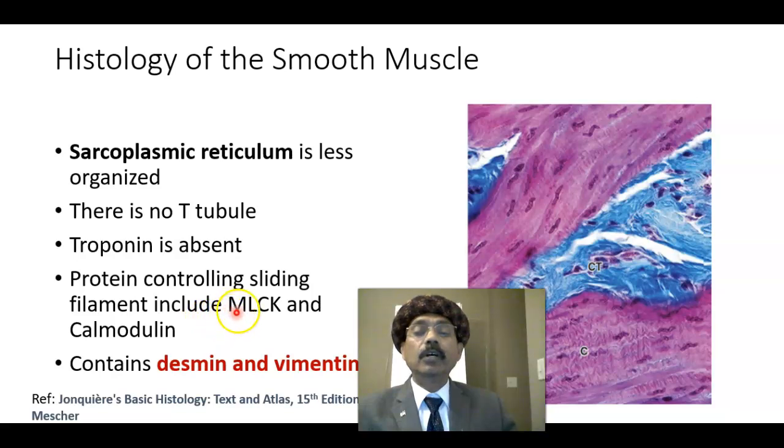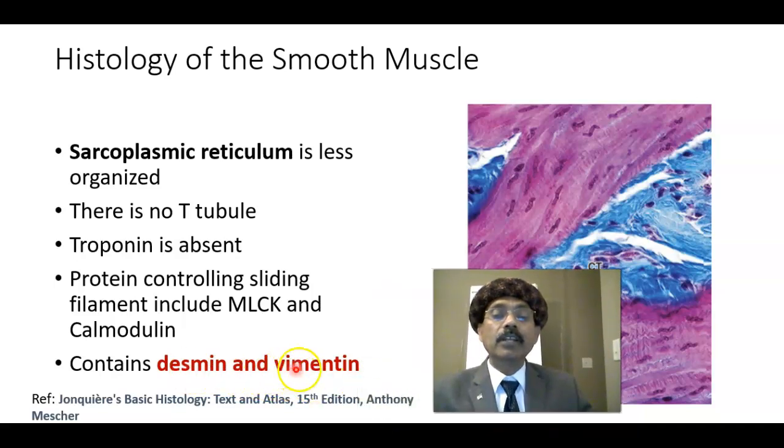This is myosin light chain kinase, and calmodulin, which is a protein. The smooth muscle cell contains desmin and vimentin. These are the intermediate filaments, and they are connected to the dense body.